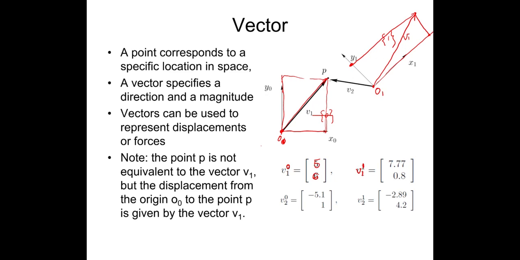Okay, so here is my V2. If we consider V2 in the one frame, which is right here, then apparently this is my V2 in the one frame. So here that is negative.